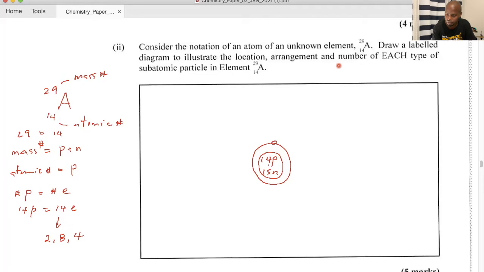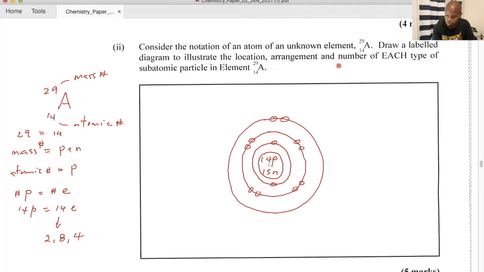So here we go. 1, 2. This is the second shell. We'll put 8, and we intend to pair up the electrons. And then we would have 4 in the last shell.